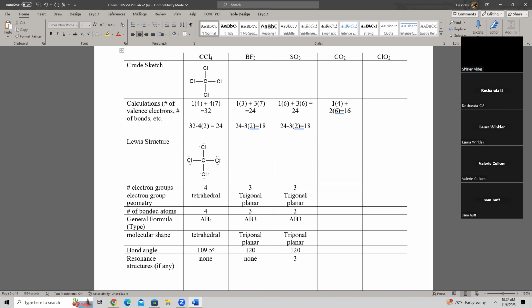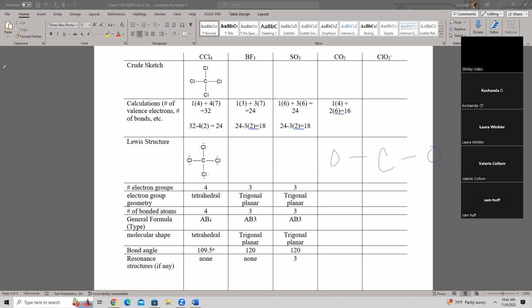All right, so now let's do the quick Lewis structure, which is known as your crude sketch. So let's do it down here so it'll fit. All right, so we got COO, right?